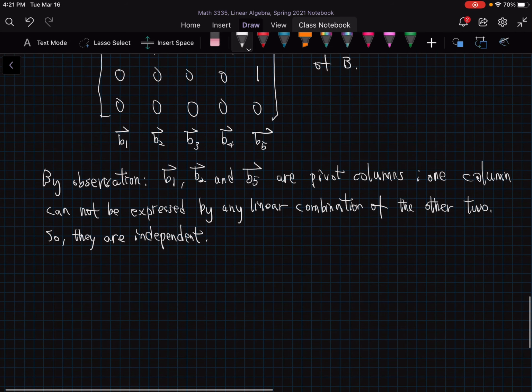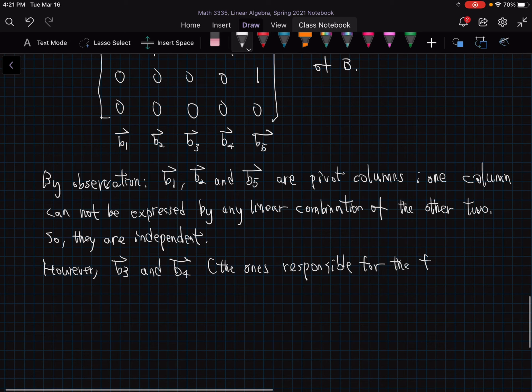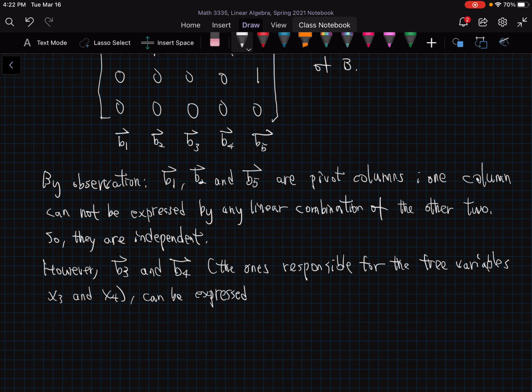independent of each other. However, here, B3 and B4 are the ones responsible for the free variables x3 and x4, and they can be expressed as linear combinations of B1, B2, and B5.